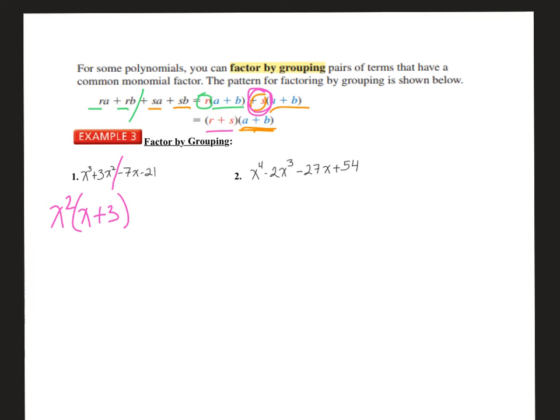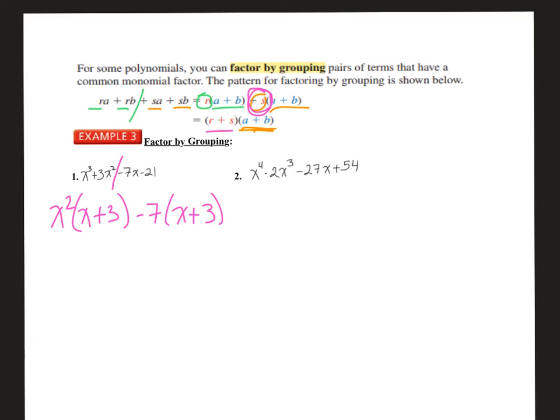And on the right-hand side, I'm going to pull out a negative 7. Not just 7, but a negative. And when I do that, I will have x. That negative 21 is going to become a positive, because I pulled out the negative 7, positive 3.